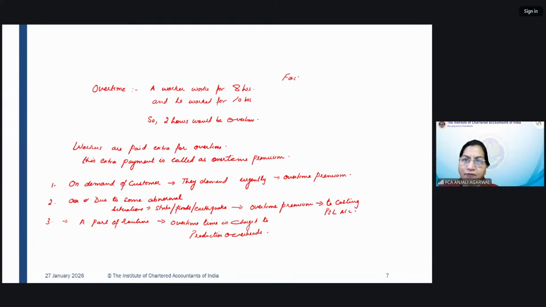As per Factories Act 1948, there is a law for the workers which says that if a worker works beyond 9 hours in a day, or more than 48 hours in a week, this will be treated as overtime and will be paid at double rate.